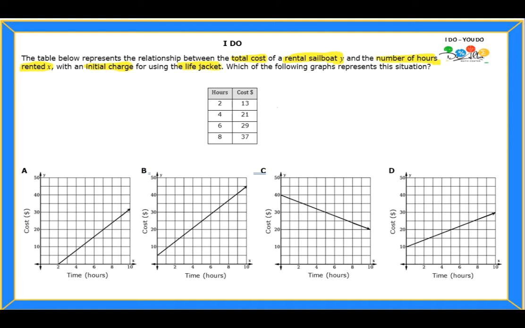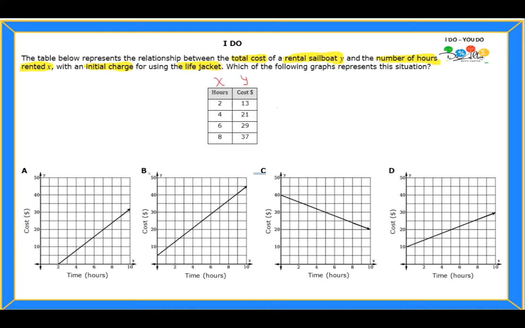Notice how I don't have any numbers given to me, but now I see a table below, right? And on my table, I got hours and cost. Earlier, it says the number of hours rented X. So the hours is X, and the total cost of renting the sailboat, it says that it was Y. Then this is Y. So now, all we gotta do, look at the answer choices.